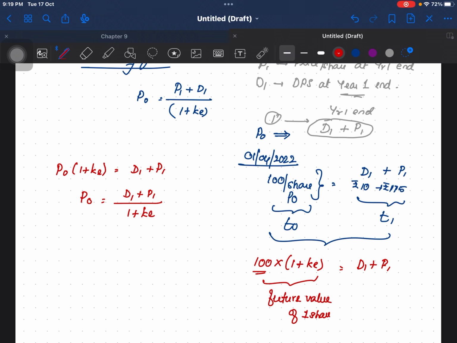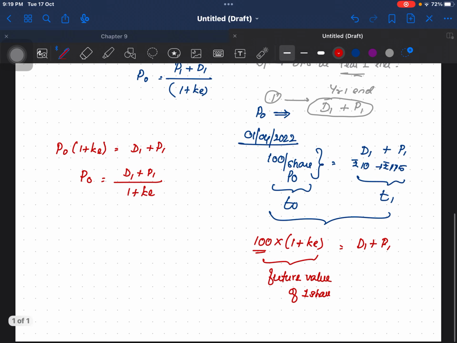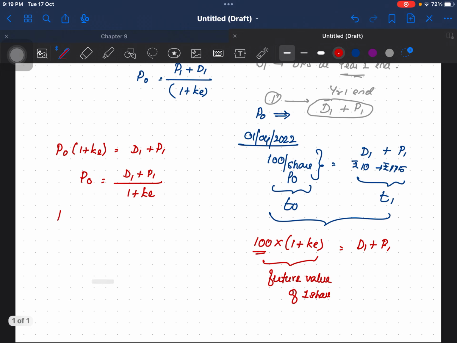Now I am going to do certain calculations with this. I am going to multiply both sides with n, where n is the number of shares.